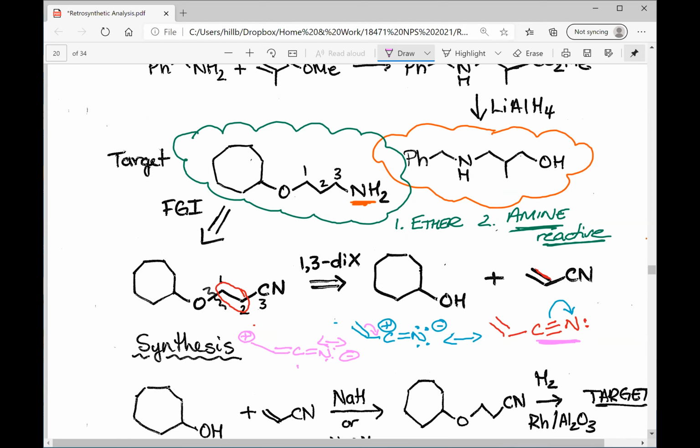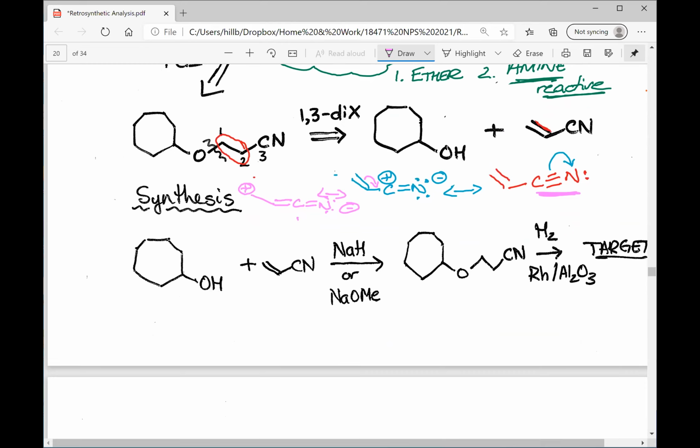So in this synthesis, with the alcohol, this proton's a bit more acidic, so sodium hydride is going to specifically remove that.